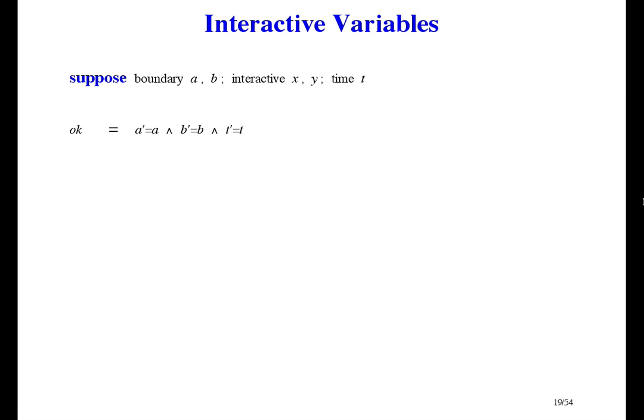You don't have to say x prime equals x, which means x of t prime equals x of t, because t prime equals t. So of course x of t prime equals x of t. OK just talks about the boundary variables and time. Likewise, assignment to a boundary variable just talks about the boundary variables and time.